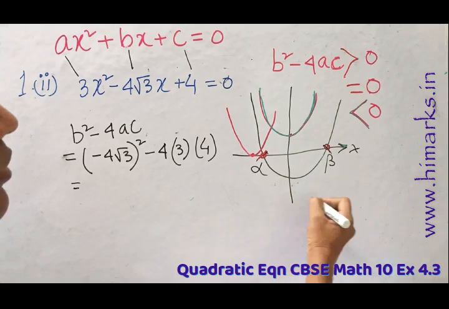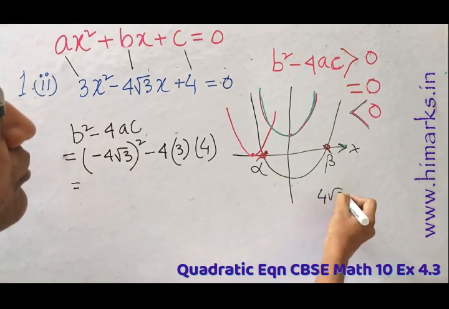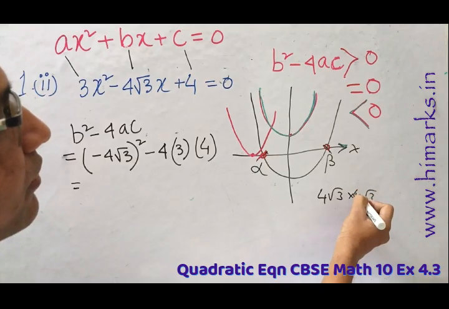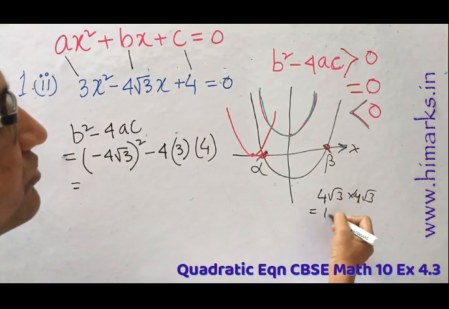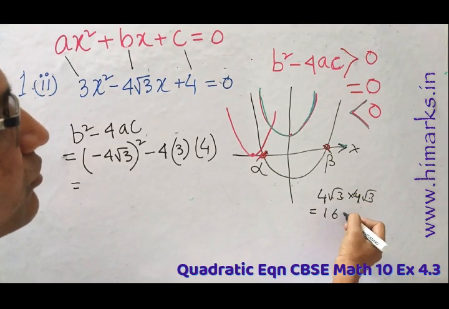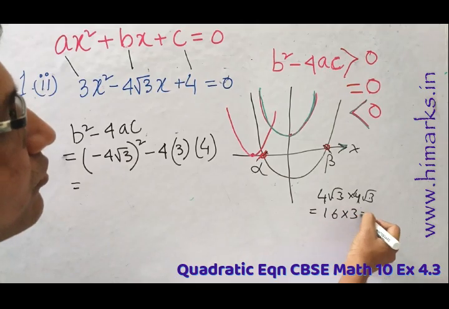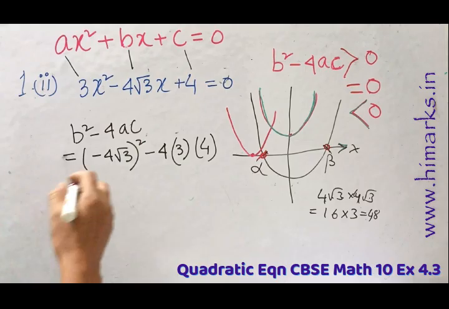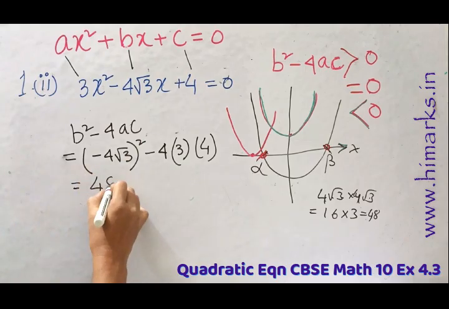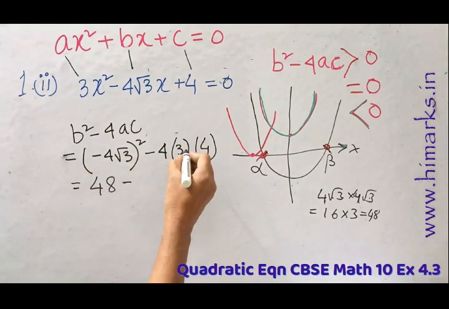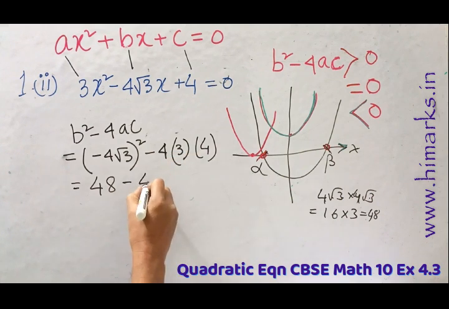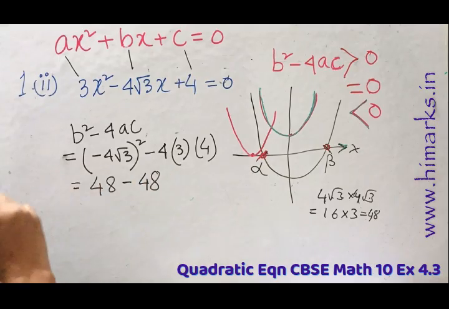How do we calculate this? 4 root 3 whole square means another 4 root 3. So 4 times 4 will be 16 and root 3 into root 3 is 3, so total will be 48. Then this will be 48 minus 4 times 3 is 12, into 4, that is also 48.